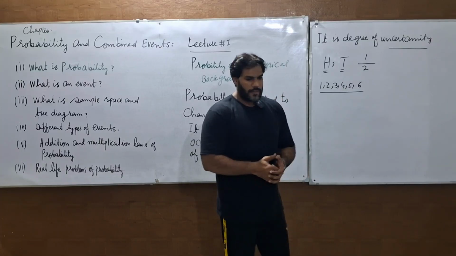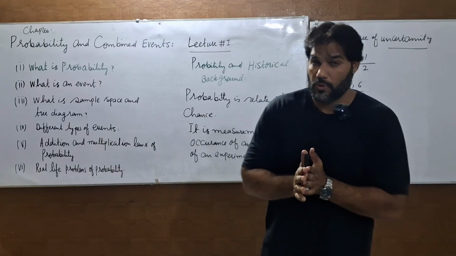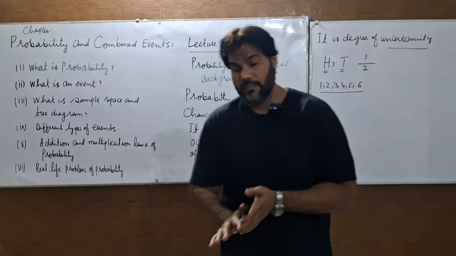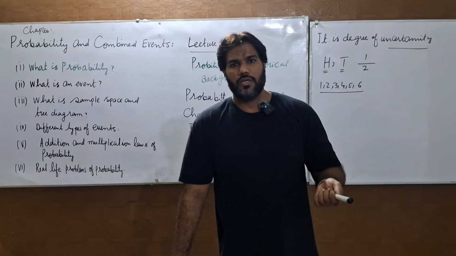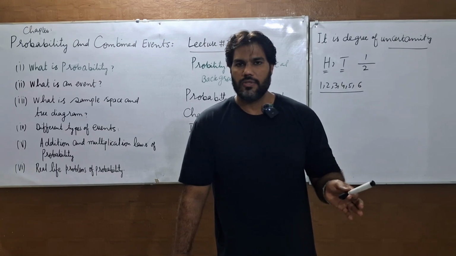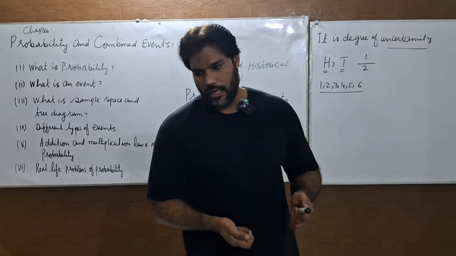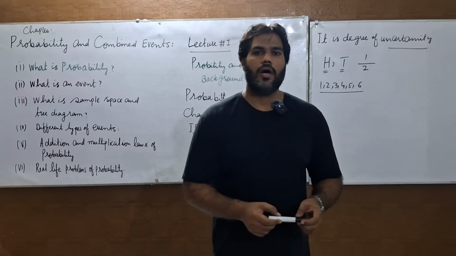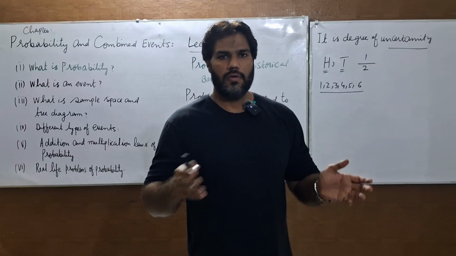Next, I am involving here the sure, possible and impossible events. When you are sure about the occurrence of an event 100%, then that event is called a sure event. For example, if I roll a die, the outcome will always be one of the integers 1 to 6.